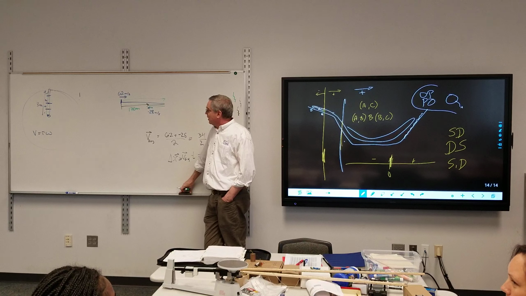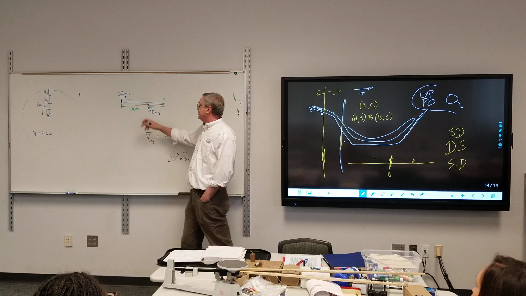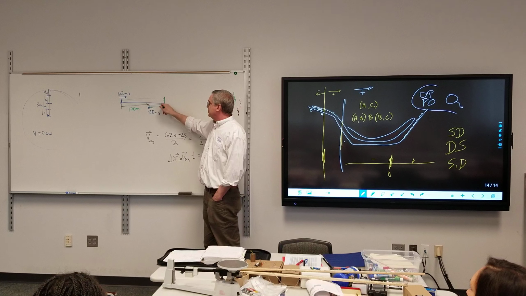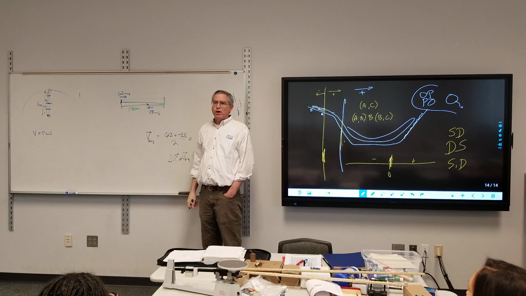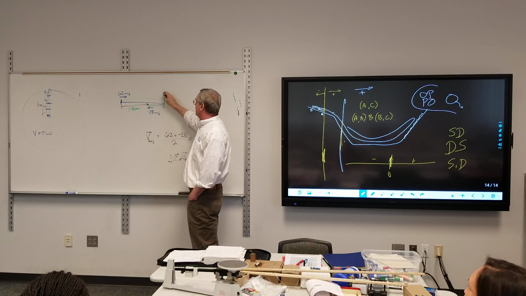So the trick on the distance problem is figuring out how far an object travels to here. That's the hardest part of it. Well, I know it started at 62. This is a turnaround point, so it's going 0 meters per second. I already know how long that takes because we solved that problem earlier.